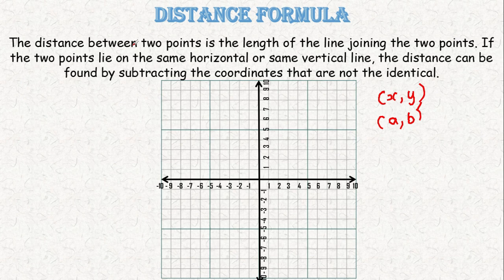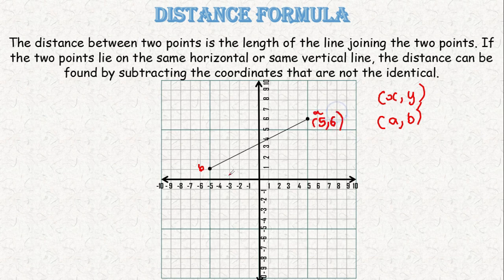Let's take these as 2 points, point A and point B. Here this line is the distance. We are going to find the distance of this line. Point A has x-axis value 5 and y-axis value 6, so point A is 5 comma 6.